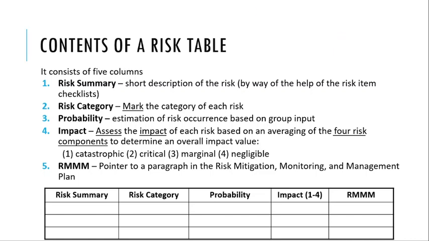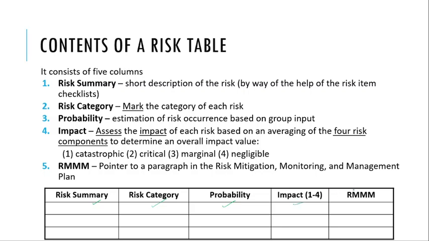So as I have said, we maintain this in a table. First of all, list all the risks. Then we identify the risk category. Then the third is probability, based on the risk occurrence. And then the possible impact.